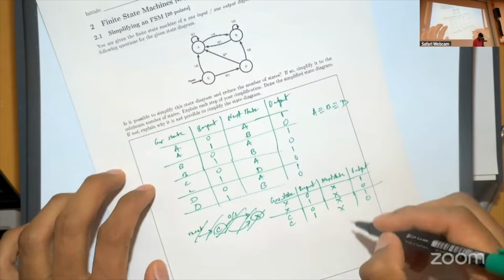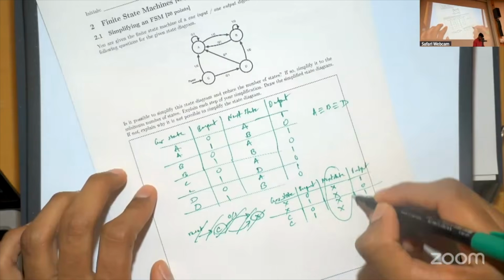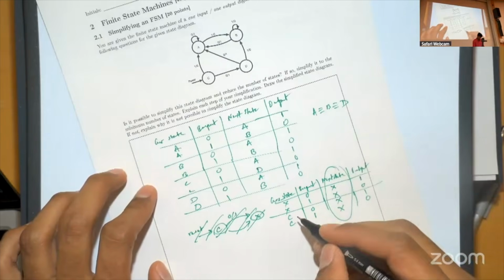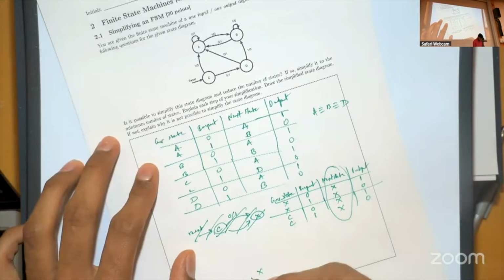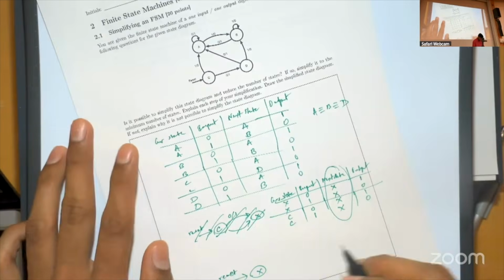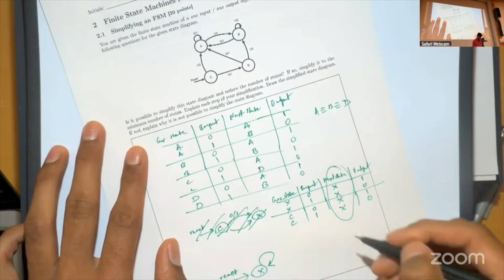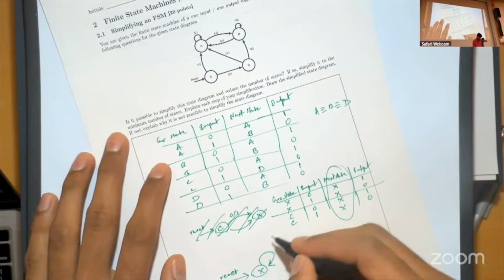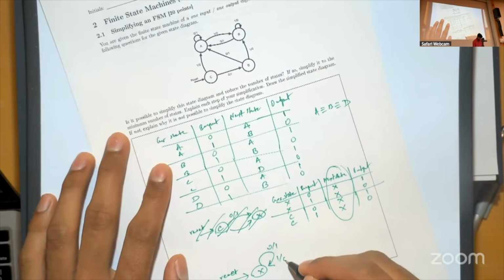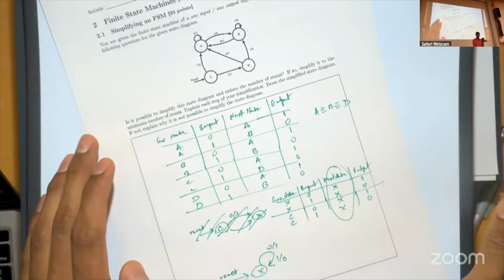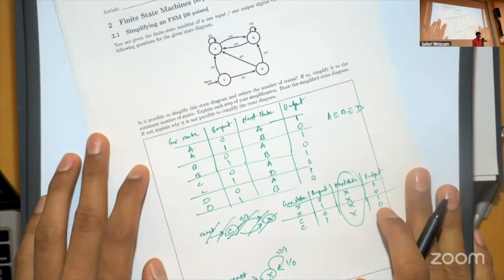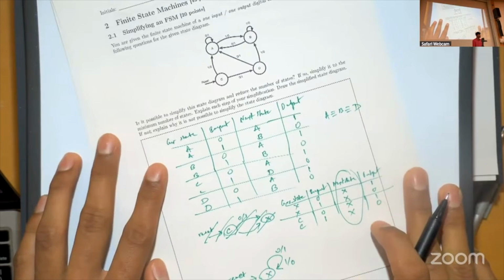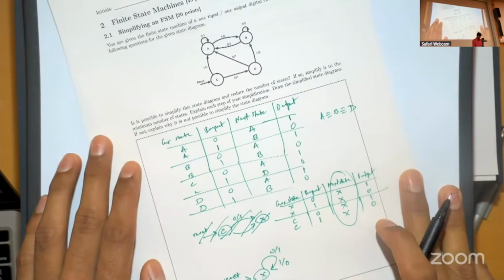So you can see that always the next state is X, irrespective of what the input is, which means that you can rewrite this as following. If you have the reset, you go to X, and you always go back to X, irrespective of the input. The only thing that you do here is you invert the input to compute the output. That's the FSM. At least the first part of the question.